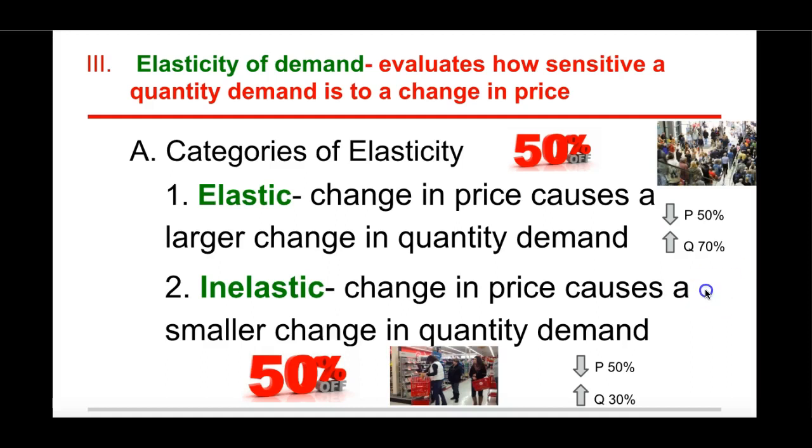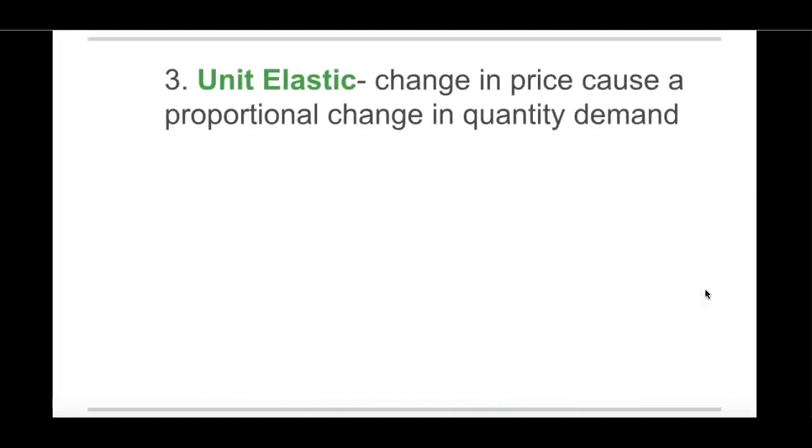The third category is unit elastic. So unit elastic is when a change in price causes a proportional change in quantity demand. What the heck does that mean? Well, unit elastic is kind of the middle ground between elastic and inelastic. So elastic, people freak out and care what happens to the price.